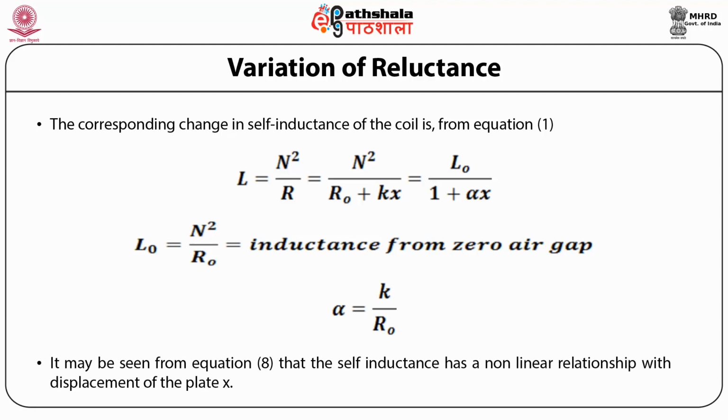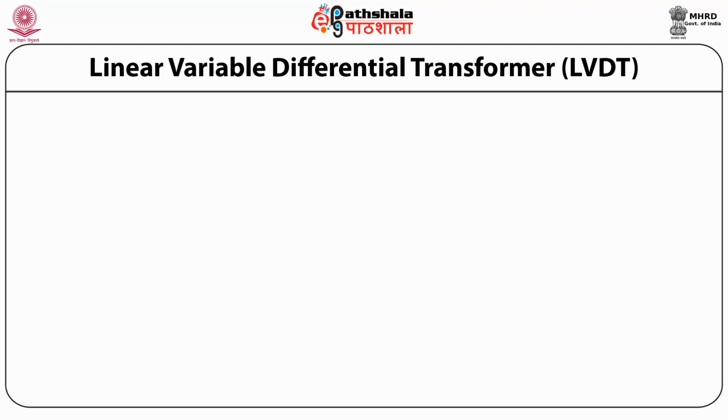It may be seen from equation 8 that the self-inductance has a non-linear relationship with the displacement of the plate x. This can be converted to a linear relation by a push-pull variable reluctance transducer in an AC bridge.